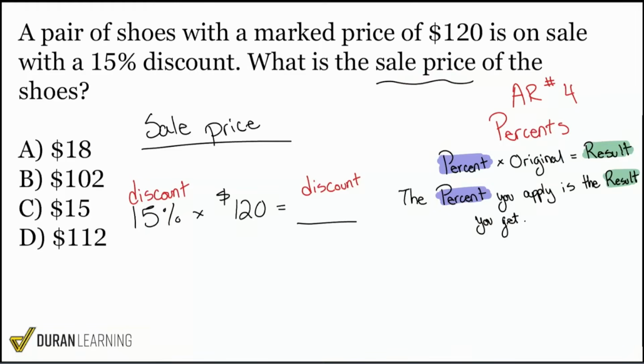So this is where I'm going to, again, hope that nobody here has anger issues, but this is where one of those common mistakes happens. Because most people, when they see the numbers and they think they know what to do, they immediately start hacking away, throwing the numbers together, and whatever they get, in this case, you would have gotten $18 for the discount.